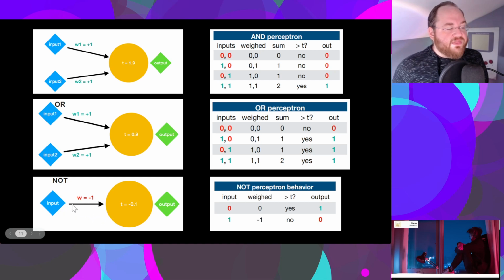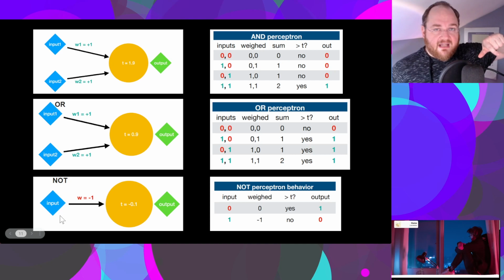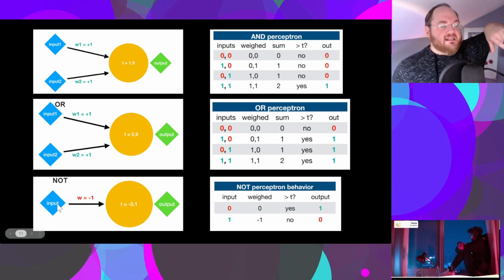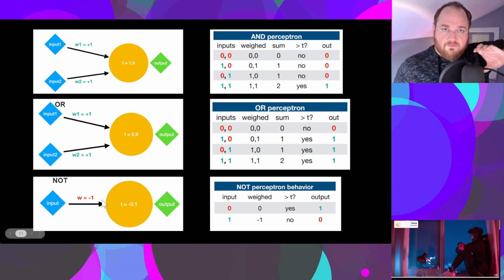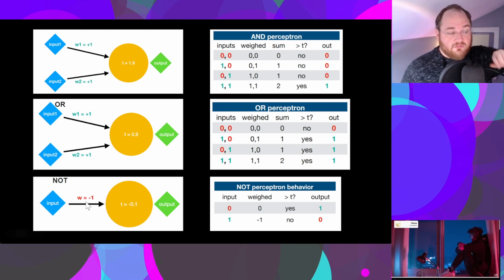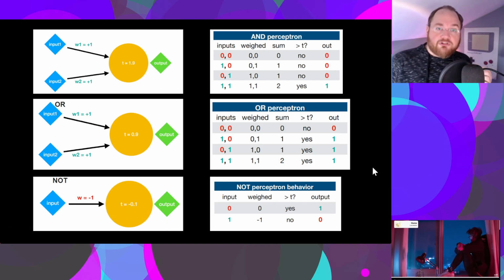But in this one, the weight is actually negative, meaning that the input from outside this cell is going to negatively impact it. It's going to suppress the activity of this cell. And you do that in the right combination here of a strong negative weight with a threshold near 0, and it's able to invert the signal.